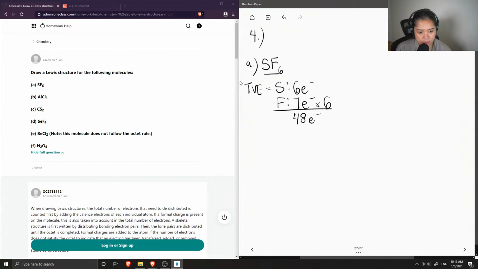So now let's draw sulfur as our central atom, and then the 6 fluorines arranged as symmetrically as I can. And now I'm going to show all of the lone pairs on the terminal fluorine atoms.